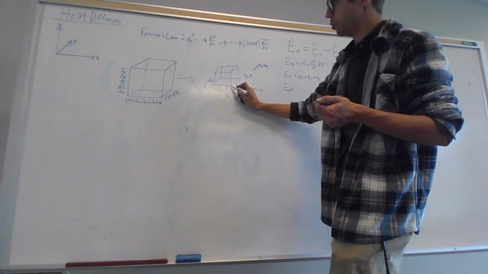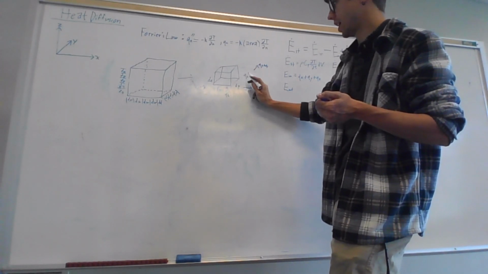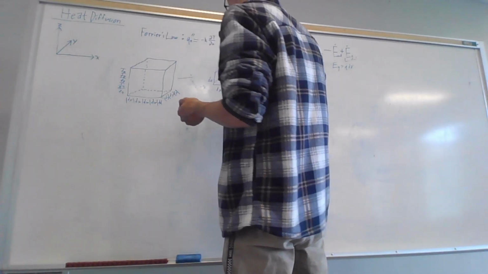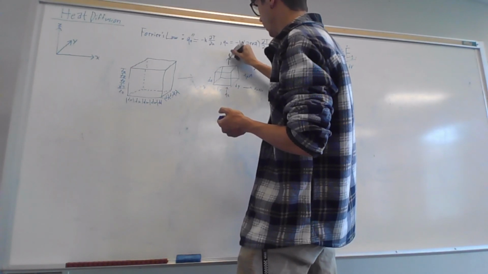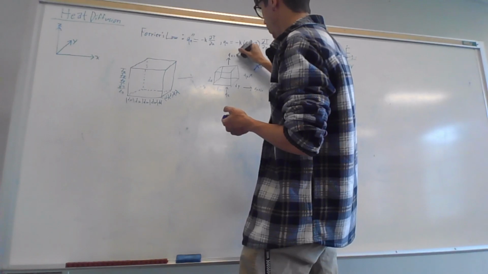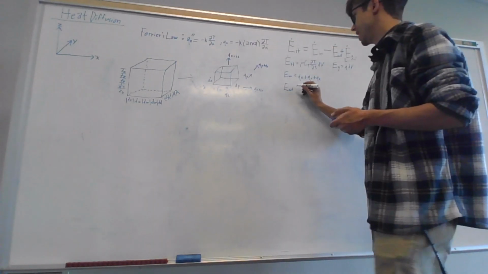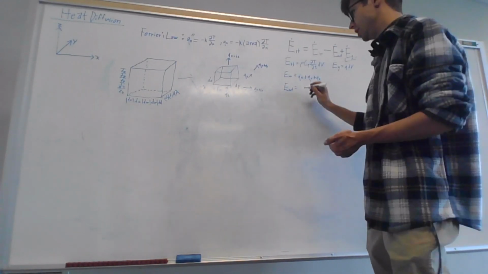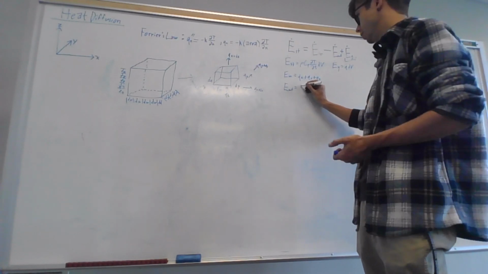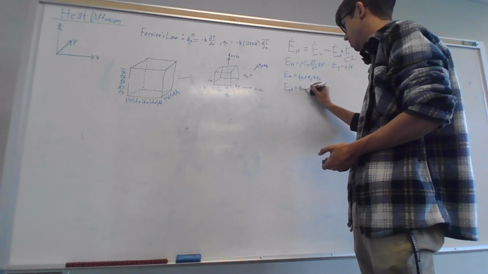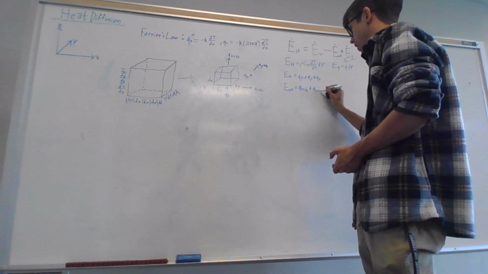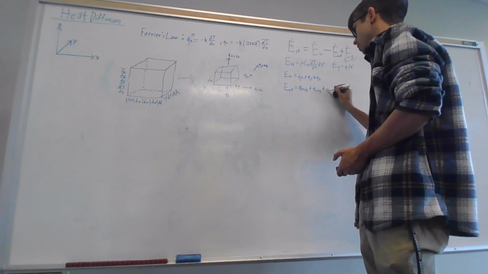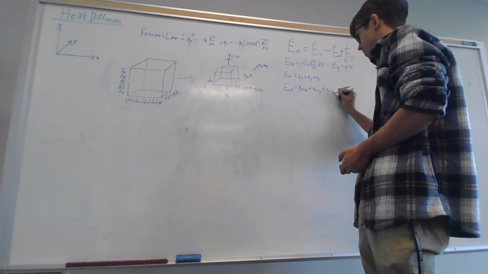It started coming before, we're leaving coming after the dy. Same thing for dz, only it's going directly up now. So coming out of the box, we have qz plus dz. So energy output is going to be equal to the sum of all of the energy flowing out: qx plus dx, plus qy plus dy, plus qz plus dz.